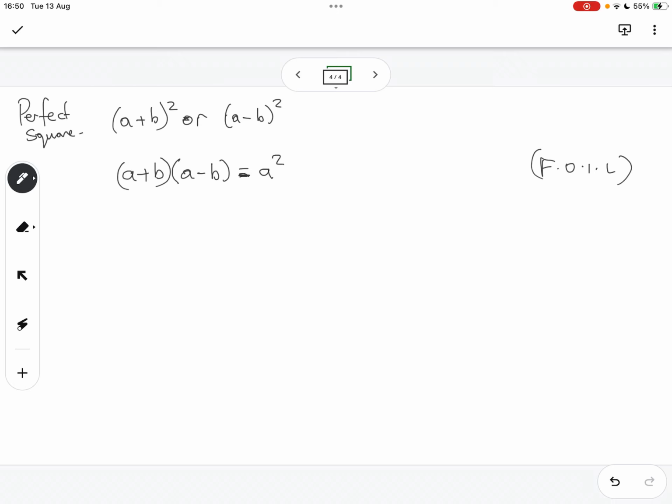Negative. Okay, so we must also call out the sign. So it's going to be A times negative B. So what's the answer? Minus AB. Minus AB, good.